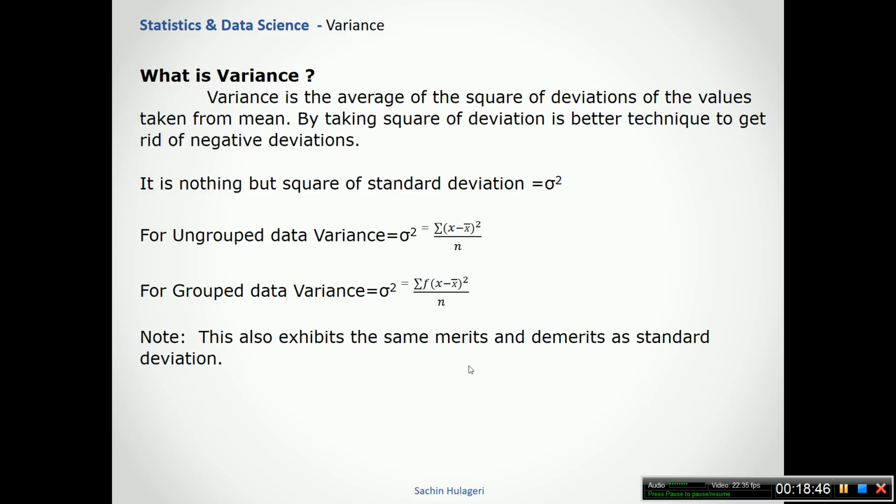If we know the standard deviation, it is easy to calculate the variance, and vice versa. For ungrouped data, the variance is represented by sigma squared, and it is the summation of x minus x bar whole squared divided by n. For grouped data, we add the frequency, the number of times the data occurred. Note, this also exhibits the same merits and demerits as the standard deviation, because it is nothing but the square of the standard deviation.